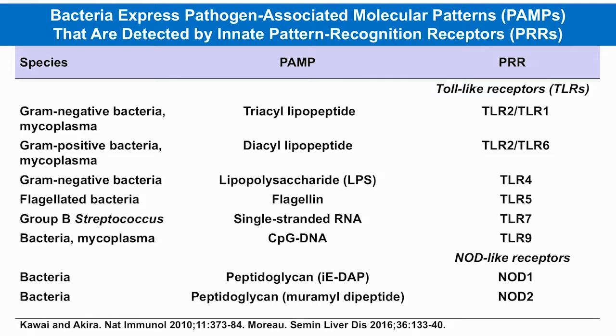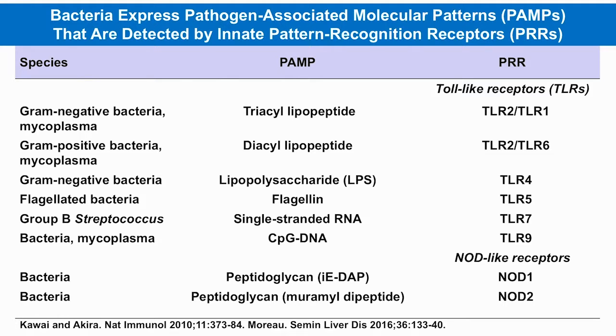In this slide, I give only a few examples of PAMPs and receptors, including two families of receptors, toll-like receptors referred to as TLRs, and NOD-like receptors. You can see that gram-negative bacteria or mycoplasma express triacyl lipopeptide, which are recognized by dimers of TLR2 and TLR1.